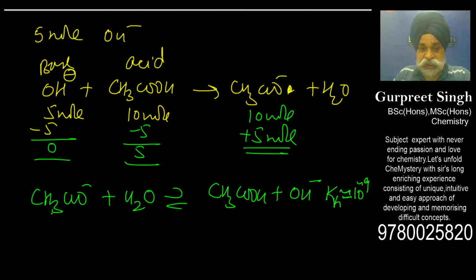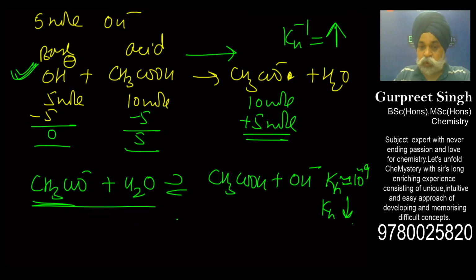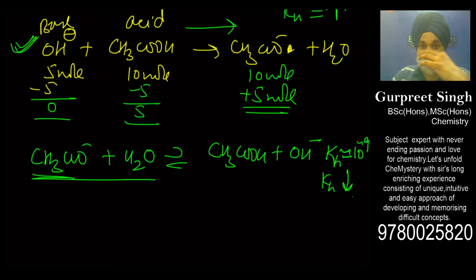If you see this reaction in a reverse way, this reaction is very speedily forward driven, because if I do the reverse of this reaction you would get this reaction. So KH minus 1 is very high and KH is very low. So the 5 moles of OH negative which you have added, we actually did not get that much OH negative. This is what you call buffer action.